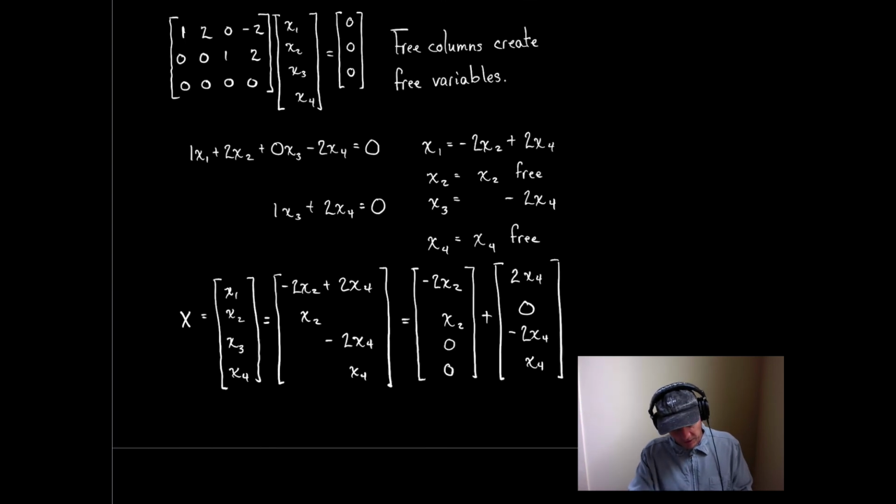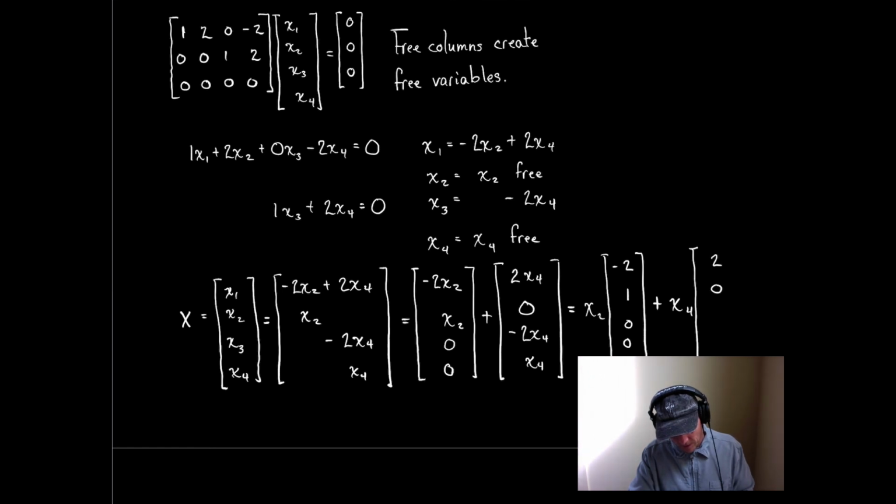All right, now we can factor out those common scalars. This is x2 times (minus 2, 1, 0, 0), plus I have an x4 times (2, 0, minus 2, 1). Wait, that's it. That's the solution.